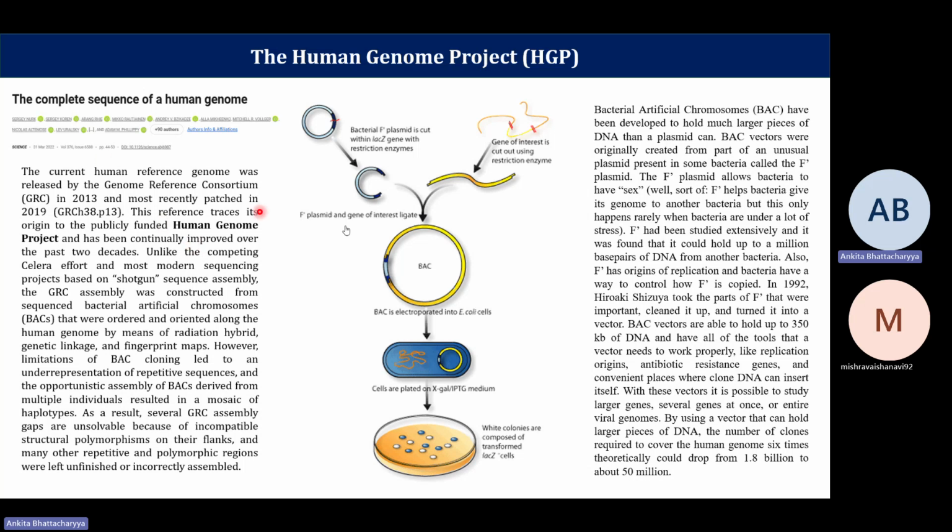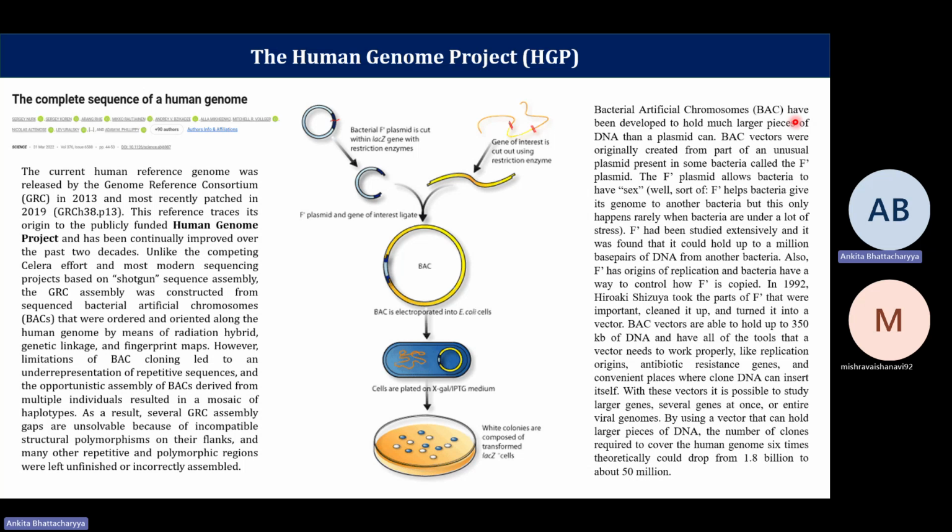So this is how BACs, bacterial artificial chromosomes, work. They hold very large pieces of DNA; basically, you can clone very large pieces of DNA. They were originally created from part of an unusual plasmid present in some bacteria called the F prime plasmid, often called the sex determining plasmid. What do we mean by the sex or gender of bacteria?